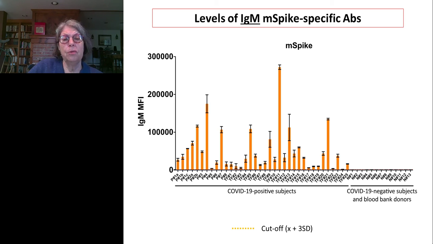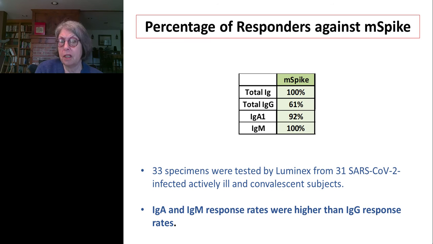So if you look at the percentage of responders, meaning individuals who are COVID infected and have antibodies to spike, if you're measuring total Ig, which includes IgG, IgA, and IgM, 100% of them have antibodies, which you would expect.